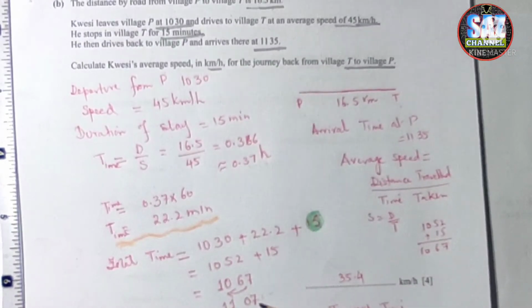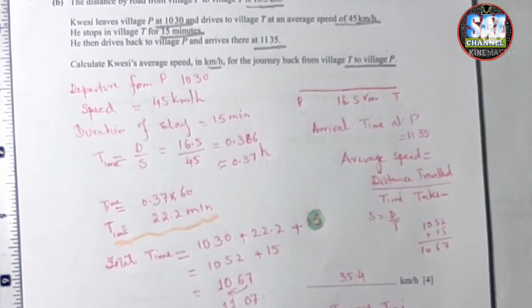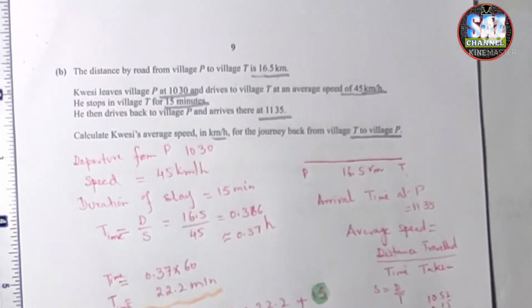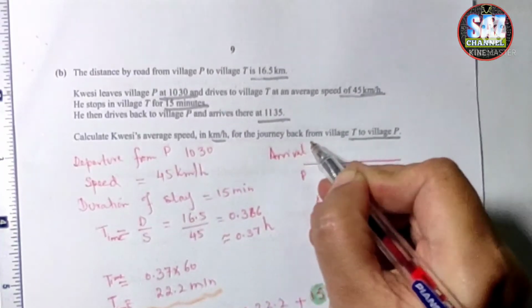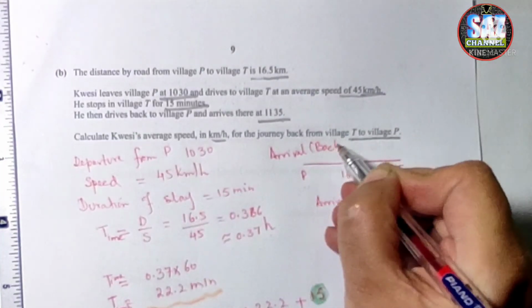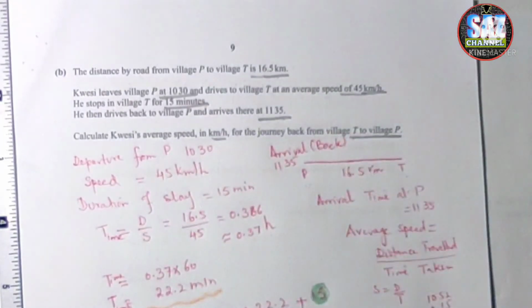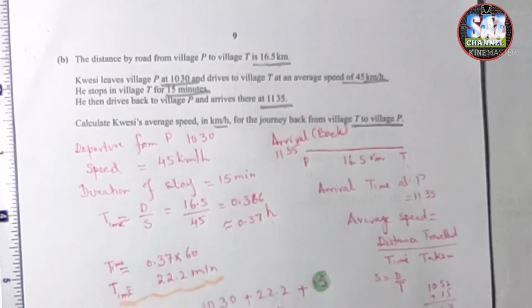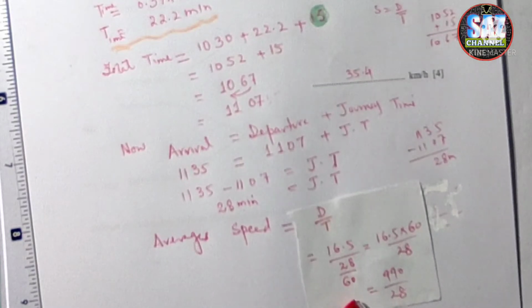Then the second part of the question says that he is arriving back at P at 11:35. So we have to find the average speed for the return journey. For the average speed we should have the total distance upon total time.